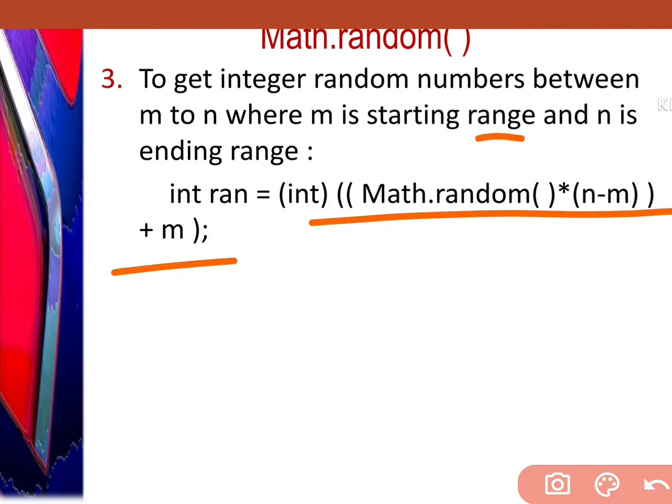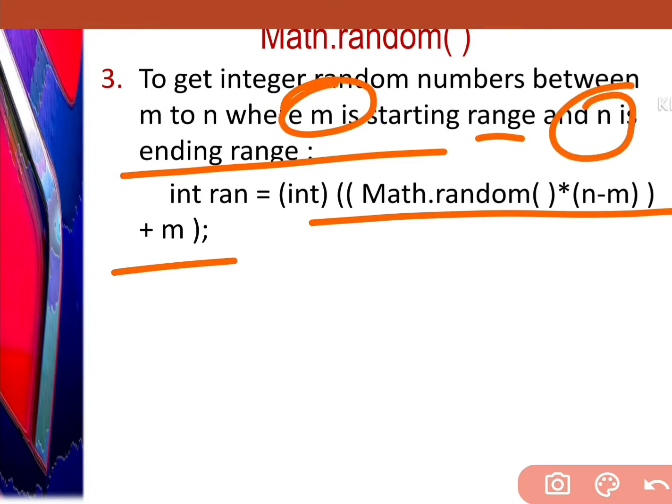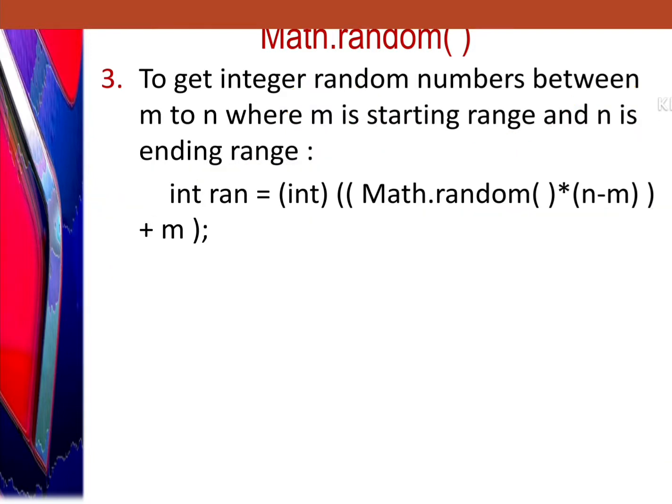The starting range and the ending range we have to mention. We store the starting range in m, the ending range in n, and then we use this formula. When we write this formula, we get a range between two numbers.